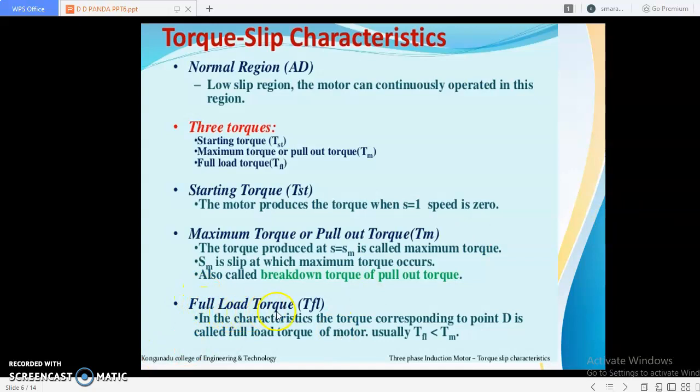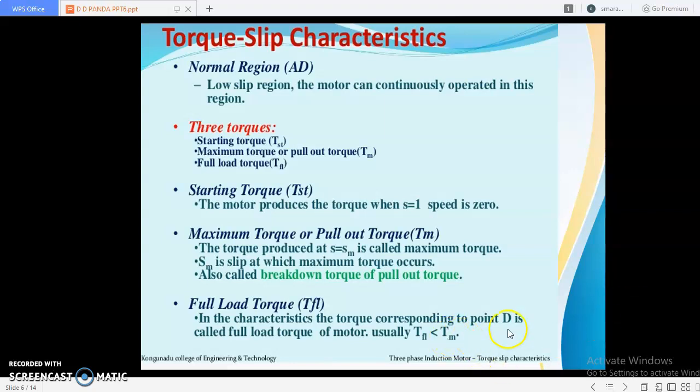Now, full load torque. In the characteristic, the torque corresponding to point D is called the full load torque of the motor. Usually, we know T full load is less than Tm, that is, the full load torque is less than the maximum torque.